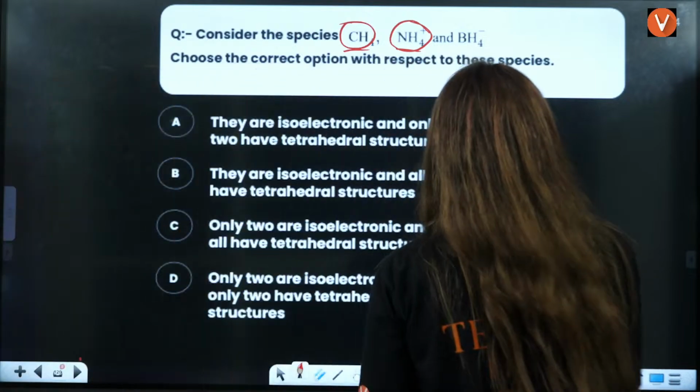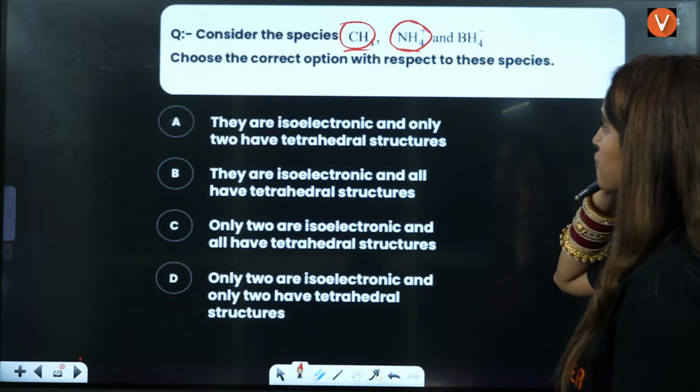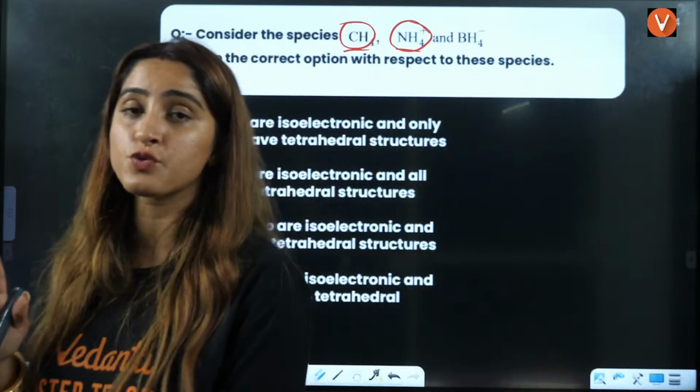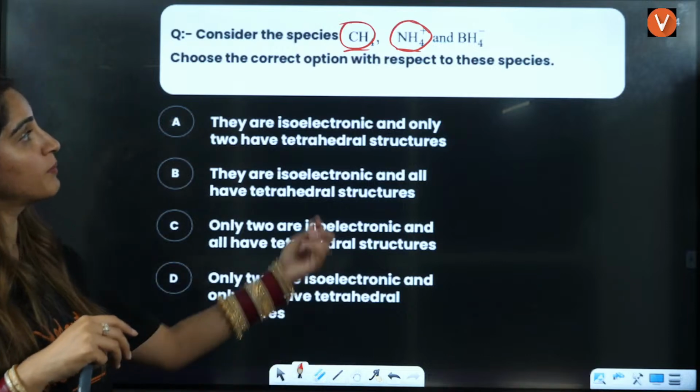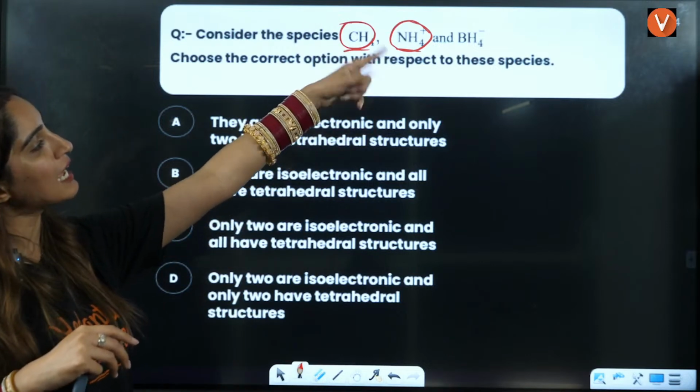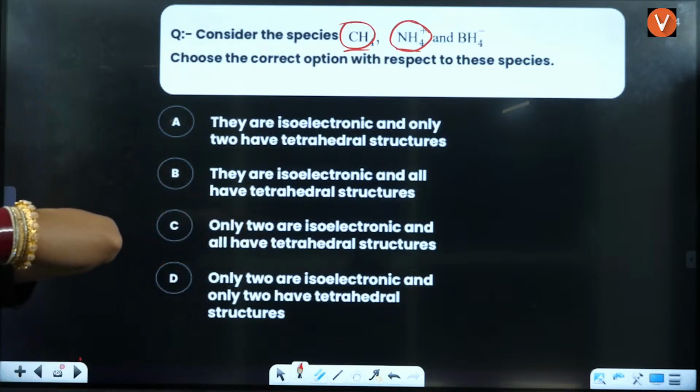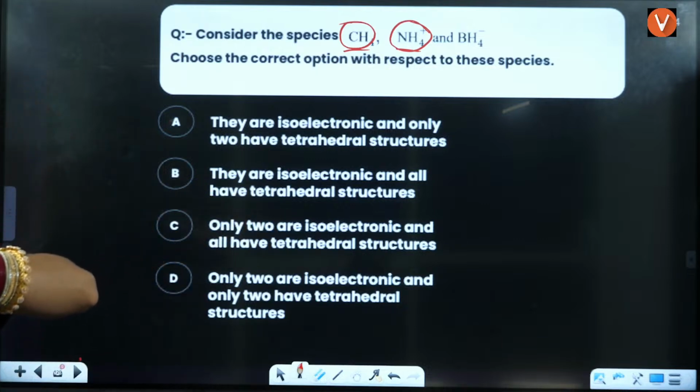What about BH4? BH3 we know, right? When you add one more hydrogen into it, because boron is electron deficient, it is going to accept the electron, so there will be a negative charge over there. Again, it is going to form a tetrahedral species. Is it? Yes, everybody? But now you must have seen the answer also. Now tell me what is the correct answer.